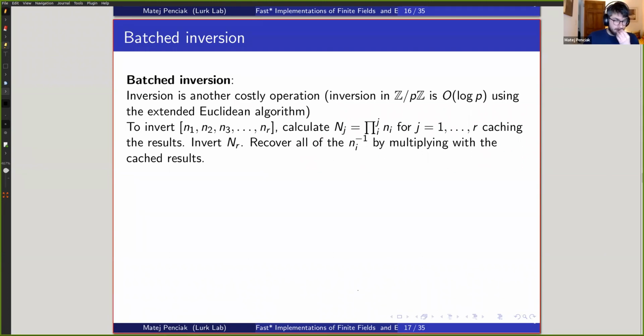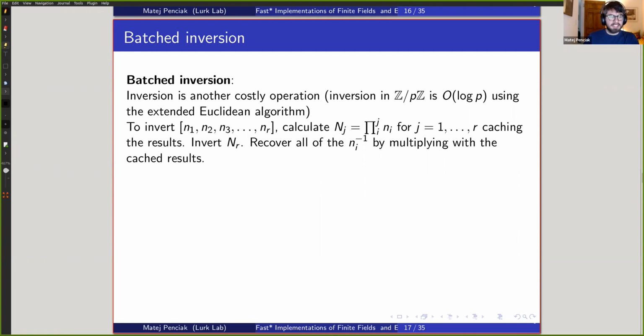So other implementations that we've included is, for example, this batched inversion implementation. Exponentiation is costly, and so is inversion in a field. If we're doing inversion in Z mod pZ, then we're using about log p operations, using the extended Euclidean algorithm to find the inverse.